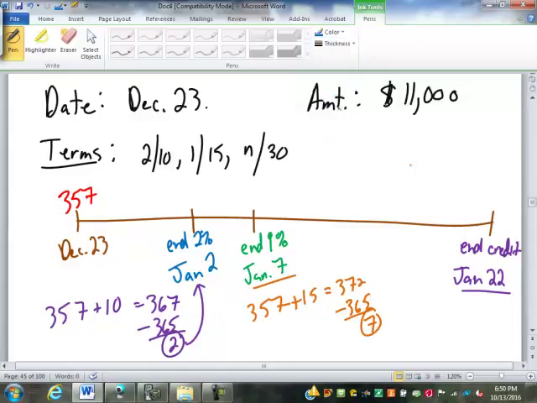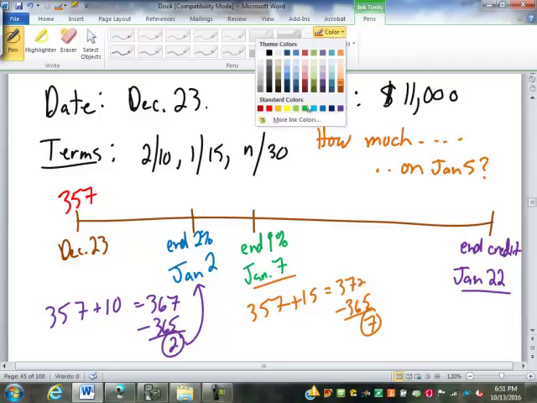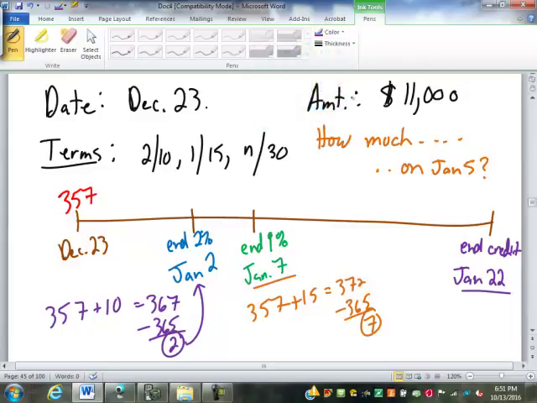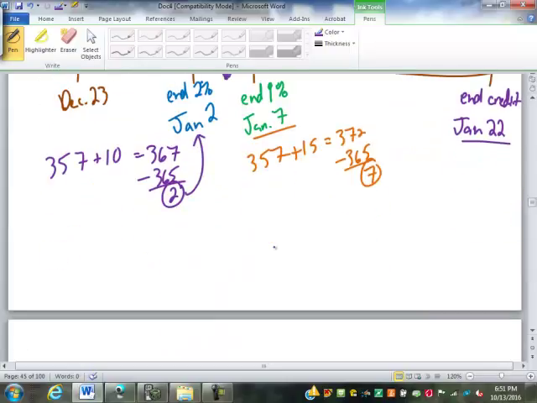So the question here, how much would you pay if paid on January 5th? Where does January 5th fall in the timeline? Is it in the 2% discount? No. Is it in the 1% discount? Yes, it is. So it's falling right in here. So they are going to get a 1% discount.